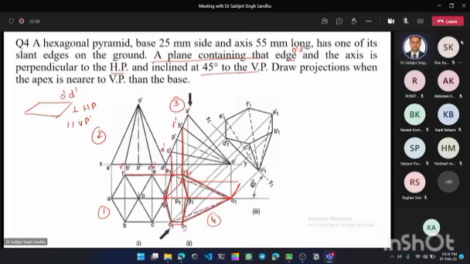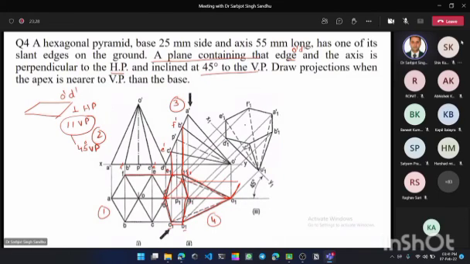Not what we have to do. Instead of parallel, we have to incline this plane at an angle of 45 degree to VP. So this thing is clear to all of you? Is this concept clear to everyone or not? Yes, sir. It's clear, sir. So instead of inclining this plane, what will we do?